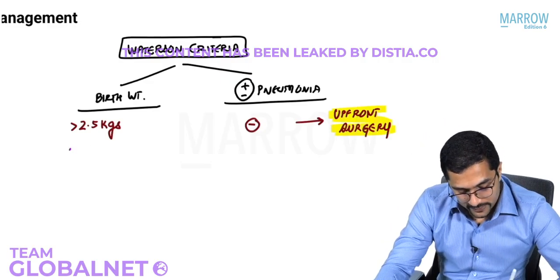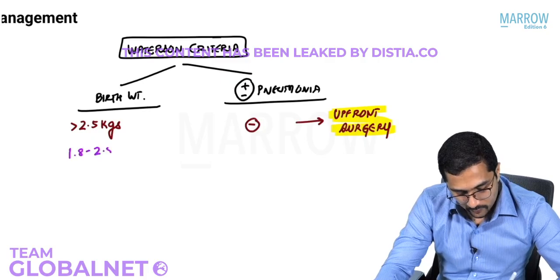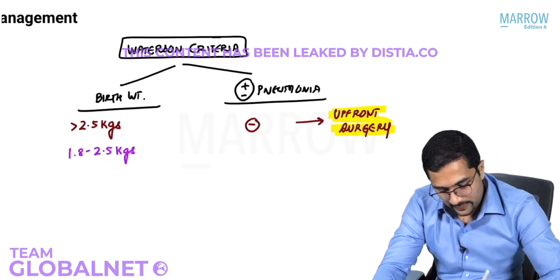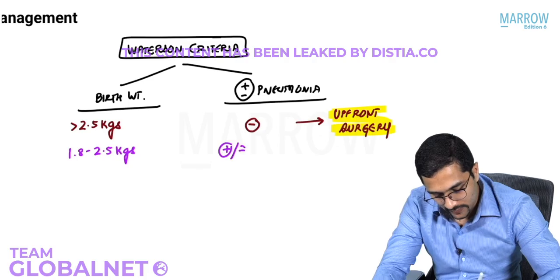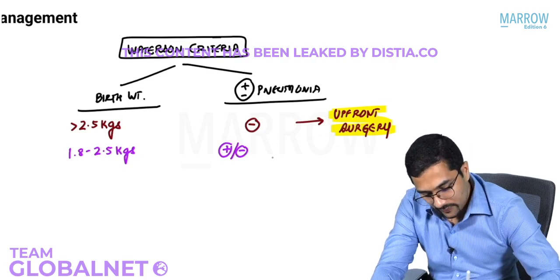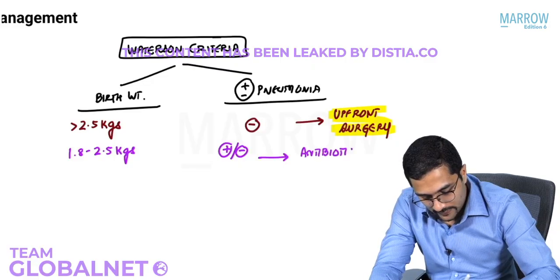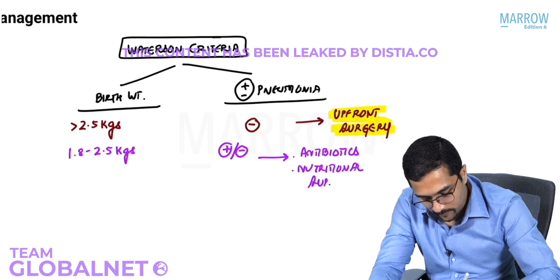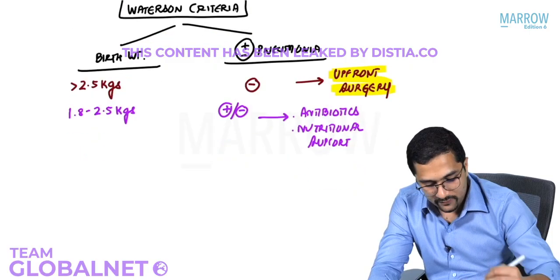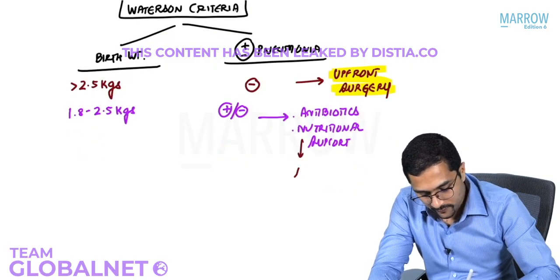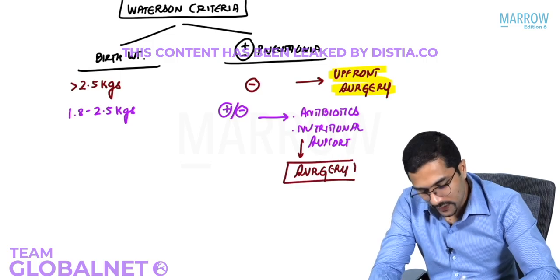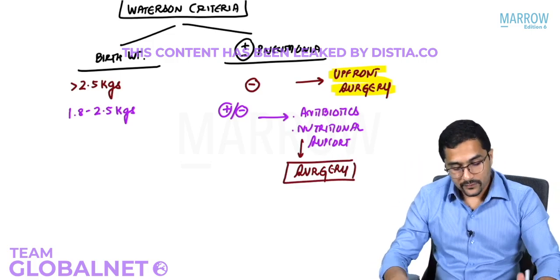If the birth weight is between 1.8 to 2.5 kgs, with or without pneumonia, then we will give these patients antibiotics and nutritional support for a few days, and then we take them up for definitive surgery, which I'll discuss in some time.